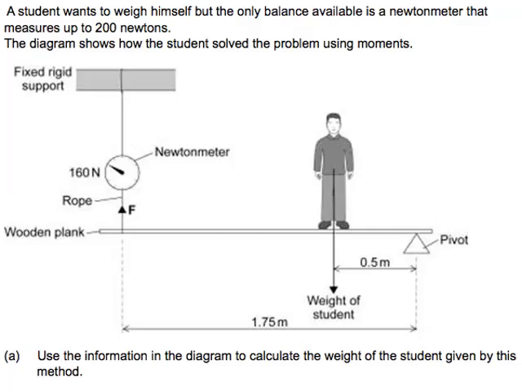It looks like you've got both objects on one side of the pivot, and you have, but you need to look carefully at it. So a student wants to weigh himself, but the only balance available is a newton meter that measures up to 200 newtons. Obviously the student is living in a different world to us. The diagram shows how the student solves the problem using moments.